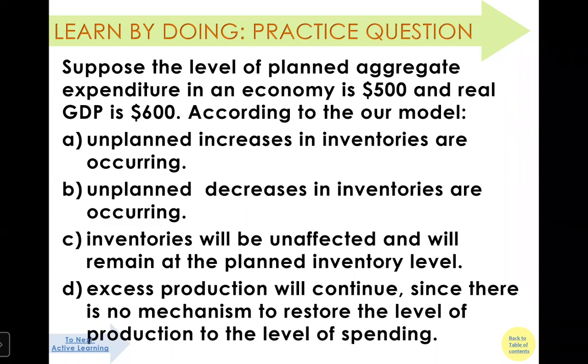All right, so let's look at this together. Suppose the level of planned aggregate expenditure in the economy is 500. Real GDP is 600. So what does this mean? So you supply more than demand. You overestimate. Right?